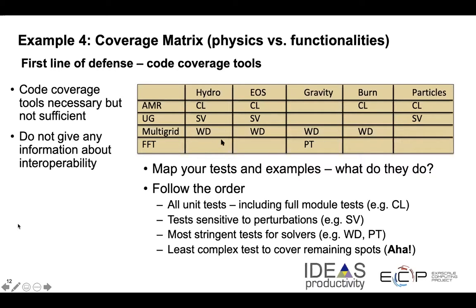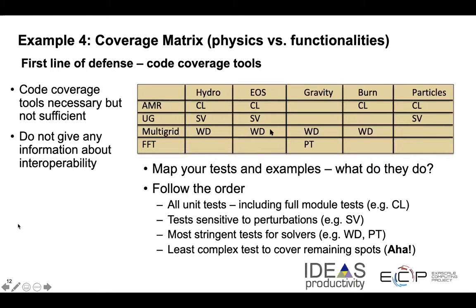If something is left remaining open here and you wanted to test it, for example, if you wanted to test particles in a multigrid situation, then you already know kind of where your tests are lying in this kind of physics versus computation space, and you can strategize about the right kind of test to fill in these gaps.